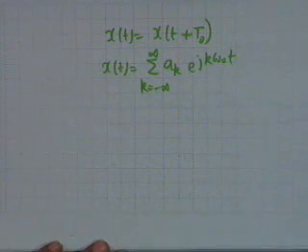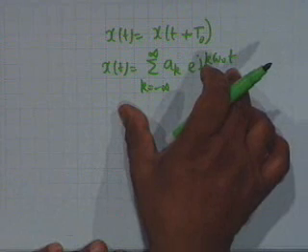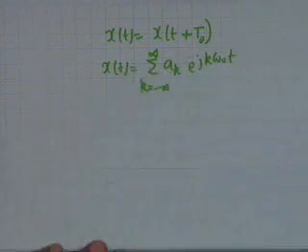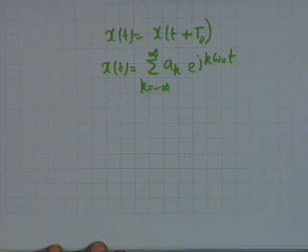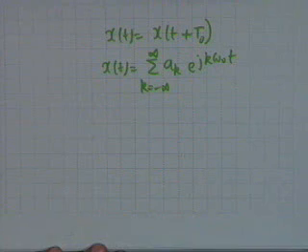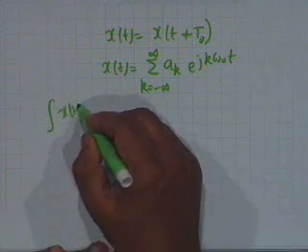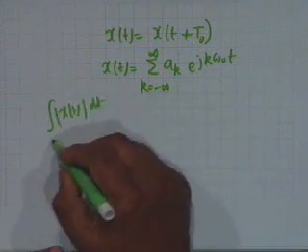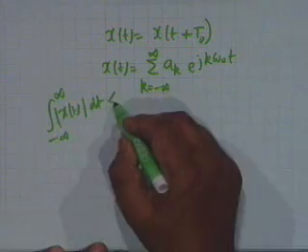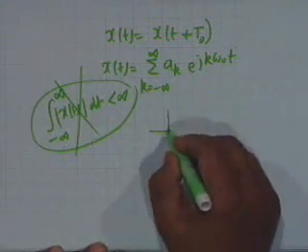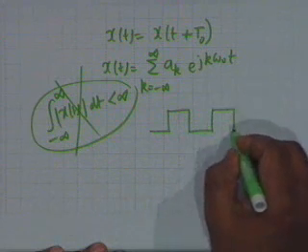A periodic function, as I had mentioned earlier, does not satisfy the sufficient conditions for existence. For example, the first Dirichlet condition, that it should be absolutely integrable, integral of |x(t)| dt from minus infinity to plus infinity less than infinity. This is not satisfied by a periodic function like this.